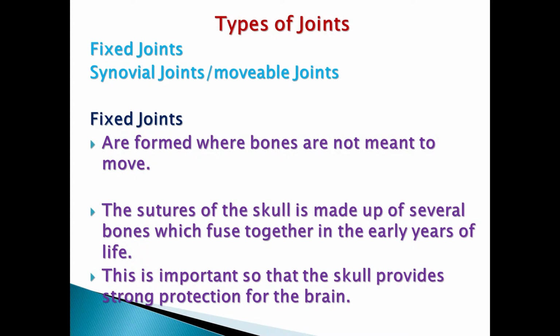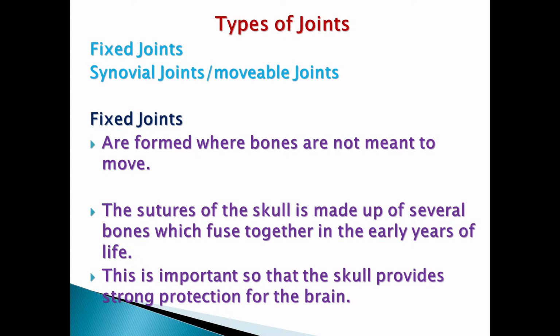We have fixed joints, and we have the next one that is called synovial joints, or if you want to say, movable joints. So once you're asked to put the joints under the two main types, the two main types are fixed. That means that these joints don't allow movement at all. So that's why they are called fixed joints. Now the joints that make up the skull are an example of somewhere in the human body where you can find fixed joints.